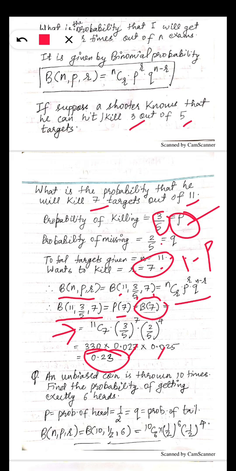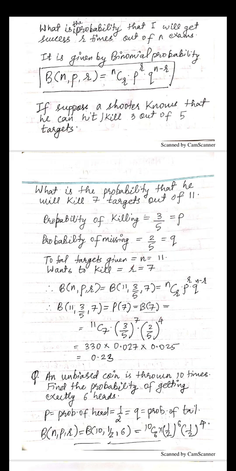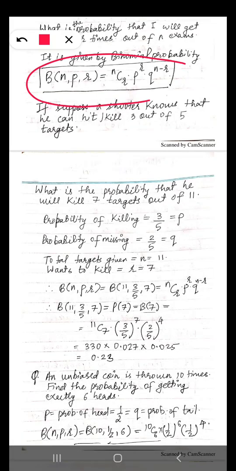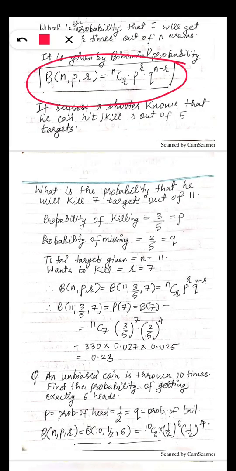So this is the helping explanation for binomial probability distribution. What you have to remember is this formula. This is the important formula for binomial probability.